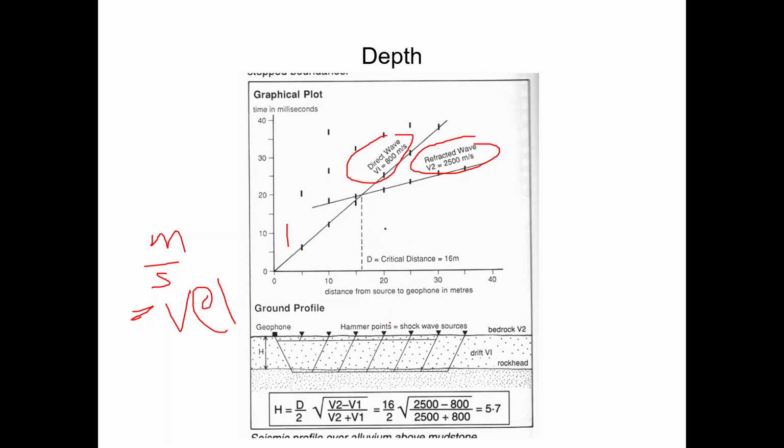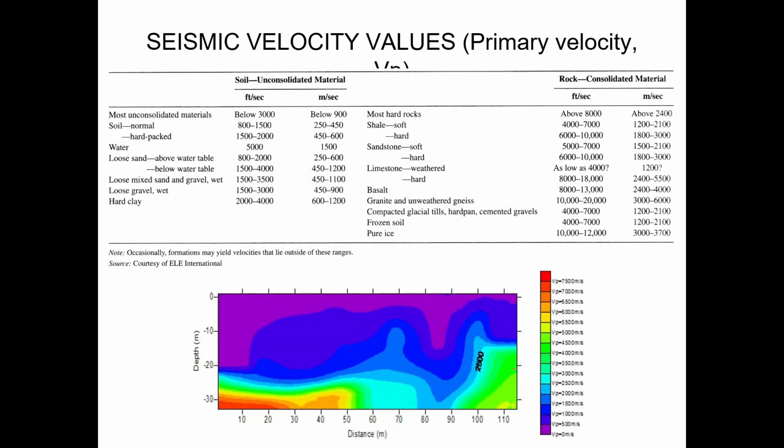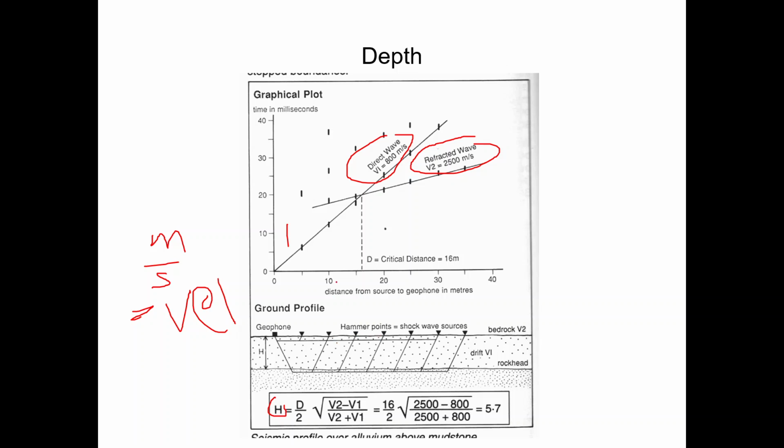Based on that, they can calculate h, the depth of the first layer, using the formula D equals the distance divided by 2 times the square root of (V2 minus V1) over (V2 plus V1). You can calculate that, and then you can get the depth of the rock, from the first layer to the second layer here.